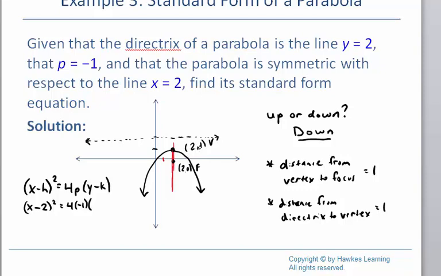And in the y parenthesis, I need it to be the opposite of a +1, so it's going to be y minus 1. Cleaning this up a little bit, we can't do much towards simplifying. We can make it x minus 2 squared is equal to -4 times y minus 1. And that will be the equation of our parabola.